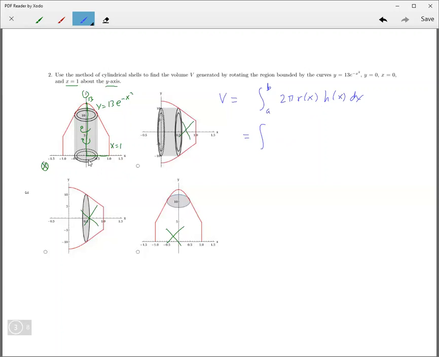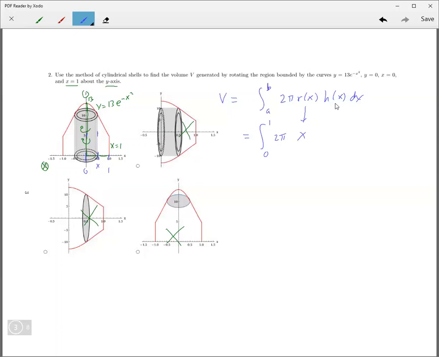So now a and b are going to go from 0 to 1. Now r of x, that's going to be this distance from here to here. That's the radius of the cylinder. And that distance is, because this point right here is considered to be x, so this distance here is x.